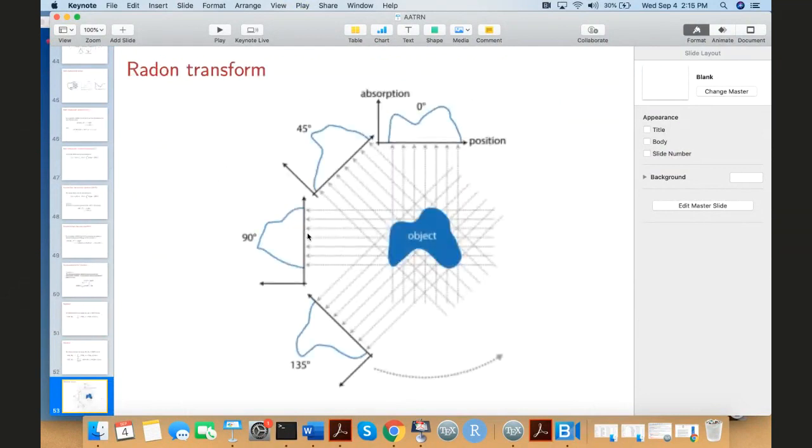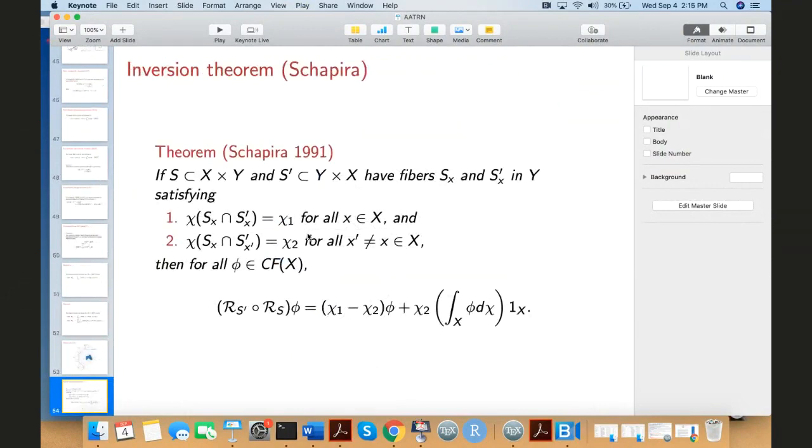One thing you might have observed so far is that this type of Euler integration is really related to things like the Radon transform and Euler calculus. Now, we know in general that inversion of the Radon transform is an ill-posed problem. Probably the most abstract version that I know of an inversion theorem or formula for the Radon transform is this work by Shapira in 1991.